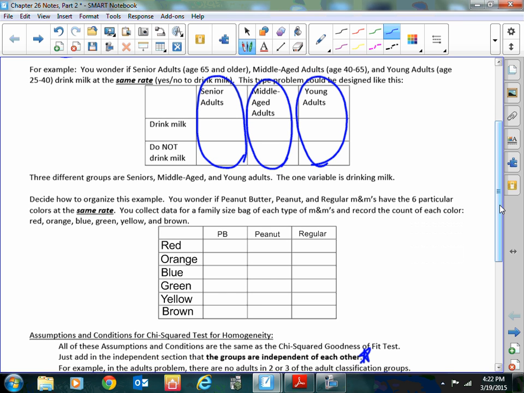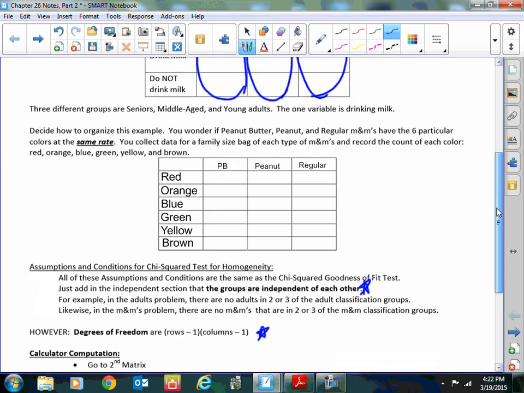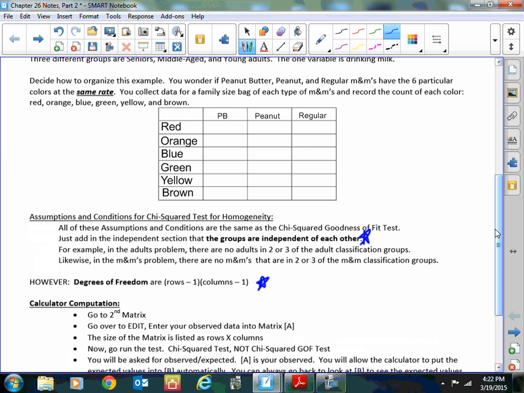homogeneity. Okay. So now, here's another example, and I want you to think back to our M&M's example, where we had peanut butter M&Ms and peanut M&Ms and regular M&Ms. Now, we had stated, because I had called the M&M company, that those rates of colors actually were at slightly different rates.